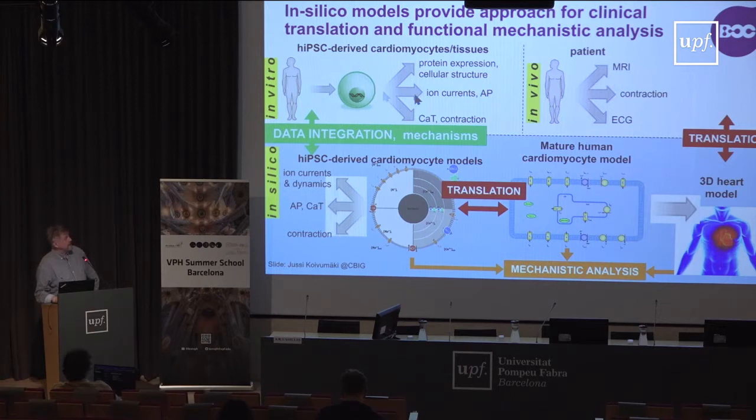An idea really is that what you have now in vivo from patient, of course you have MRI, maybe contraction data from MRI, ECG, and based on that we can have this 3D model of the person. And in vitro, from the same patient, we can have protein expression, we can have the in vitro model on the iPS heart and get the ion currents, action potential, contraction, calcium.